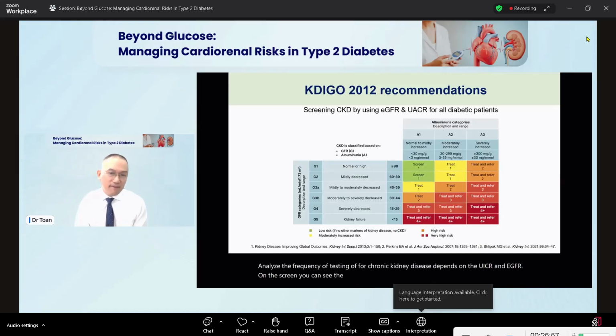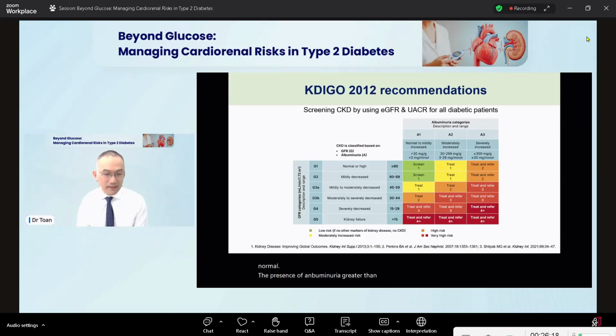It depends on what stage of kidney disease and how much albuminuria. Even when the eGFR is normal, the presence of albuminuria greater than 30 milligram per gram is still sufficient for diagnosis of CKD.